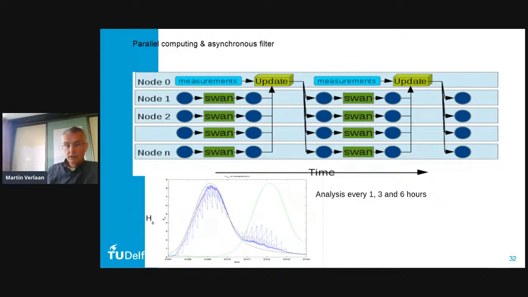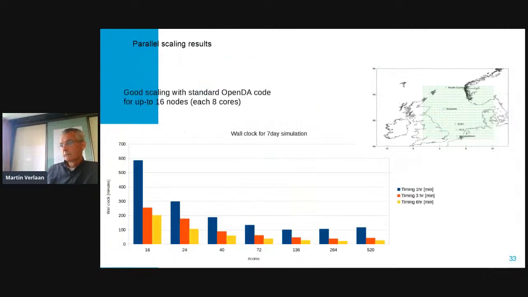And we try to see what the performance was like. And what you see here is the wall clock time for a 7-day simulation on a different number of computers. So the number of computers is increasing left to right. I had 4 core machines at my disposal, so this is 4 machines and then an increasing number of machines.